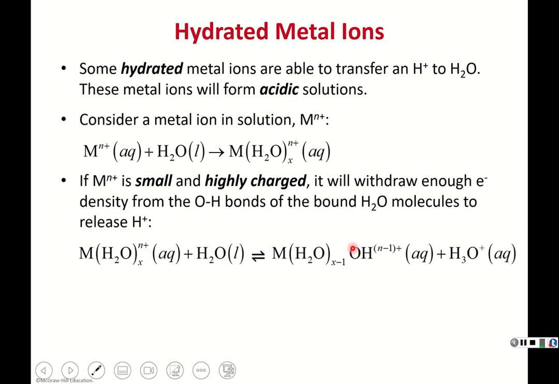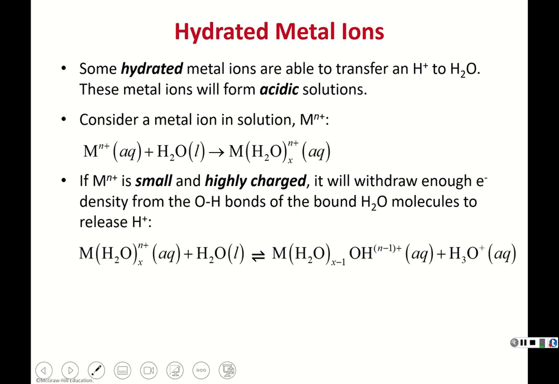We can also have hydrated metal ions that are acids. Some of them are acids because they can transfer a proton, and thus they can form acidic solutions. If you look at your metal ion in solution, just a generic metal, M with the N plus charge on it, when you put that in water, it can actually be hydrated by water.